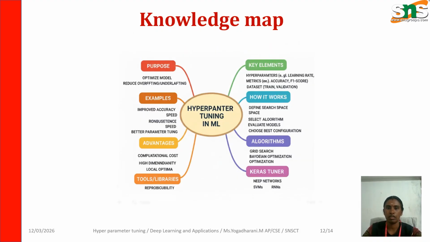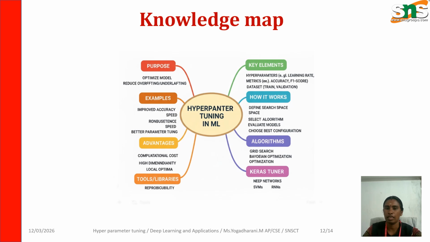This was the knowledge map of hyperparameter tuning. We saw the purposes of hyperparameter tuning, with real world examples on each slide, and advantages like preventing overfitting, improving accuracy, and showing how the model behaves. Tools used are Python and PyTorch, where we can code this.